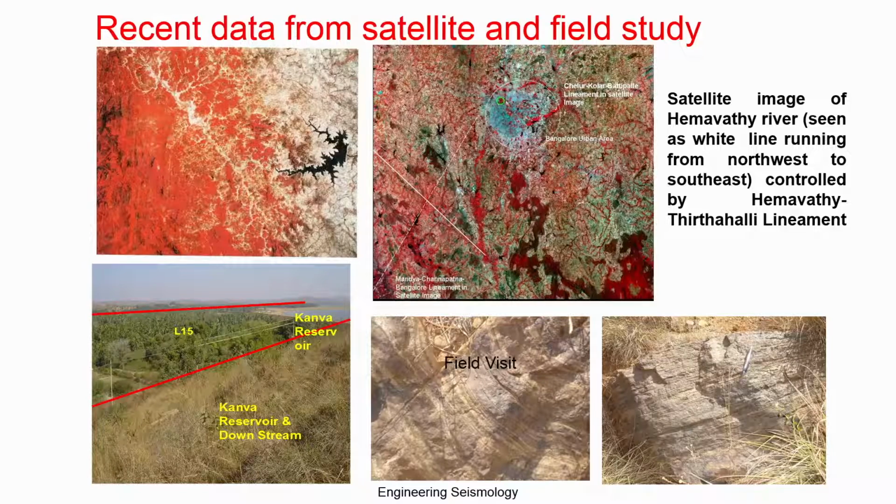As I told you, remote sensing data you can also collect and verify when your data analyses are available. If you see the remote sensing data, generally you can get linear features, lineaments, the faults or lineaments showing seismic activity, easily from satellite data.